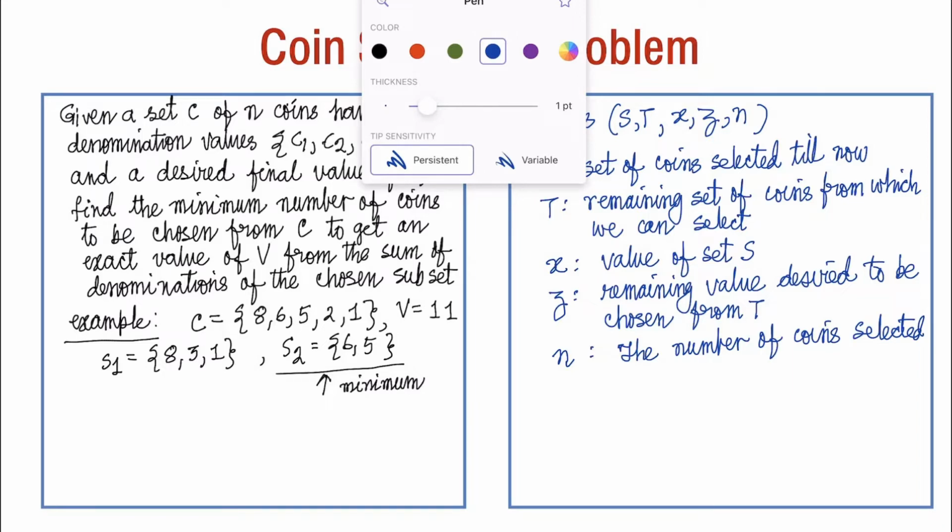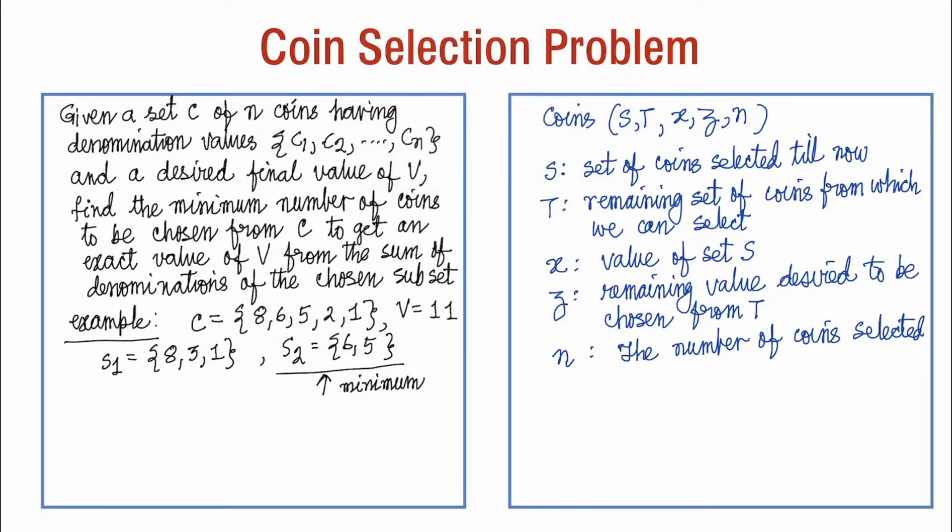How do we call it? We will call it with coins, null, because initially we have nothing chosen. The remaining set is C as given. The initial value is 0. The required value is V, and the number of coins chosen is 0. So this is how it will be called.